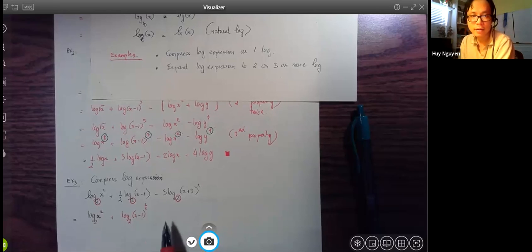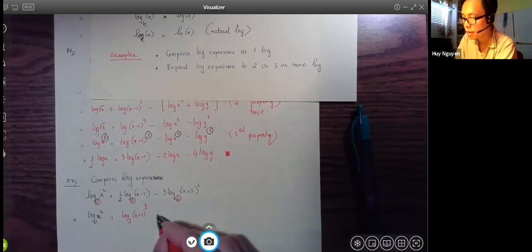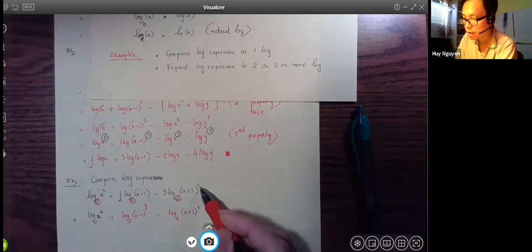Same thing over here. You see number 3 right here. We shouldn't have number 3 here, so I'm going to bring it up. So it becomes log base 2 of (x plus 3) squared. The exponent belongs to the original, okay?